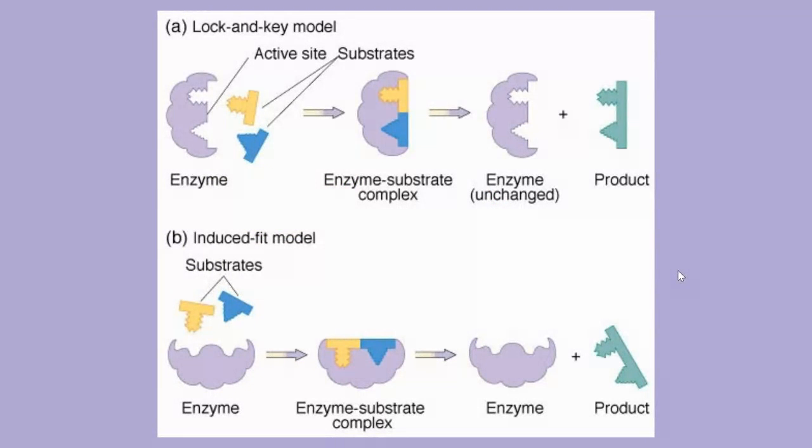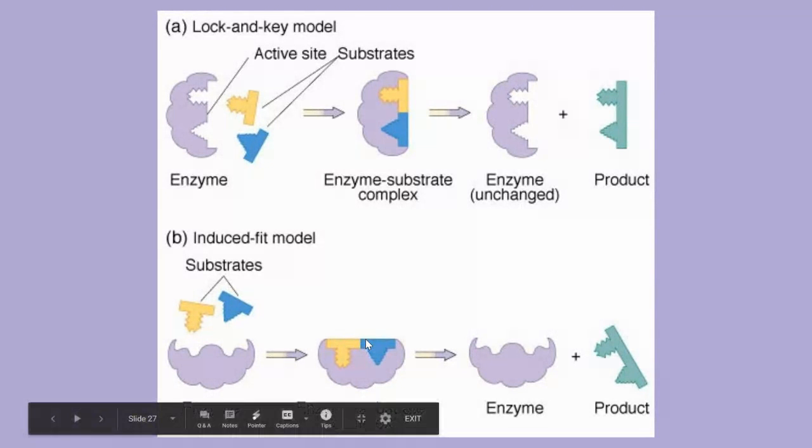Here's a side-by-side look at the lock and key model and the induced fit model. Like I said, in the lock and key model, the enzyme is already the perfect shape for the substrates. They bind and do their reaction, and then the enzyme is released to be reused and the product is made. In the induced fit model, which you can see down here, the enzyme is not the perfect shape for these two substrates, but when they get nearby, the enzyme changes shape slightly so that the substrates can fit there.